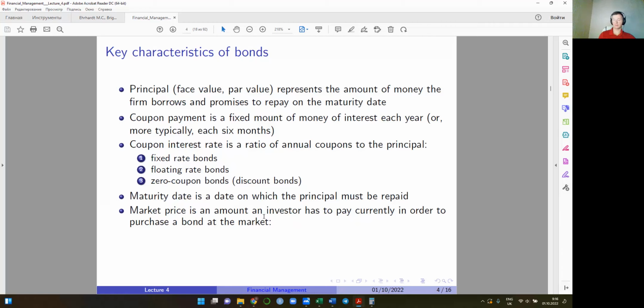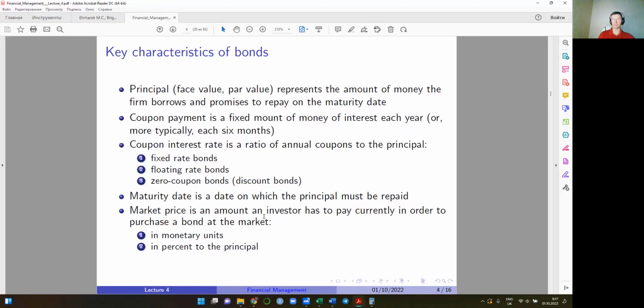The market price for bonds might be denominated in monetary units, in rubles, yuans, rupees, dollars, whatever. Or it might be represented, as is the usual practice in many countries, in percent of the principal, like 102% of principal, which means that the market price is 2% higher than the principal, or 98%, which means that the price of this bond is 2% lower than the principal.